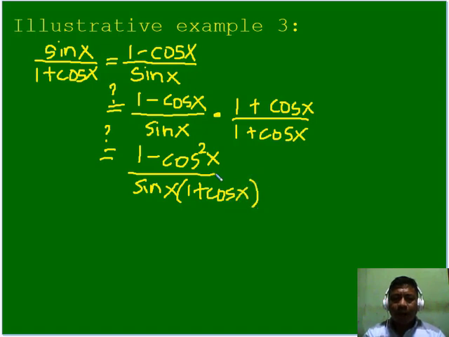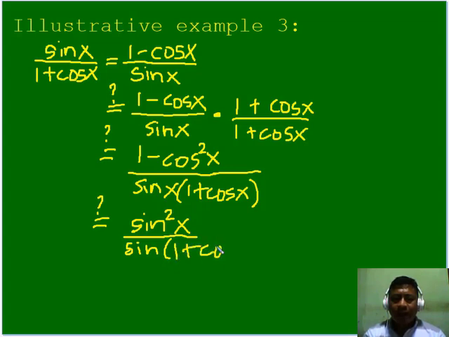Simplifying further, we can actually rewrite 1 minus cosine squared x to be equal to sine squared x using Pythagorean identities. So sine squared x all over sine x times 1 plus cosine x.